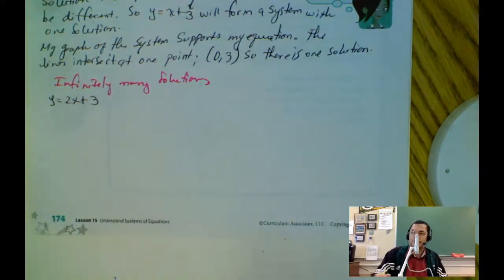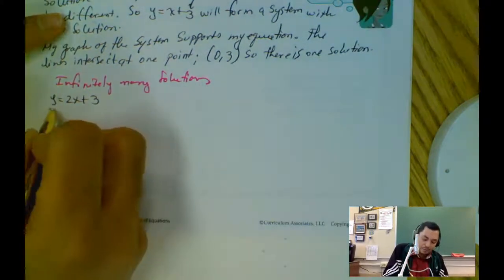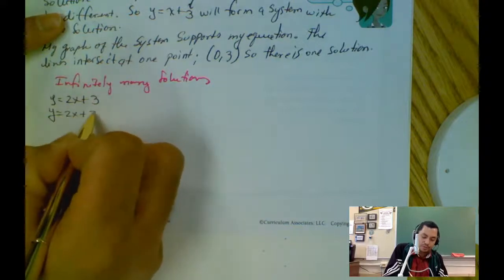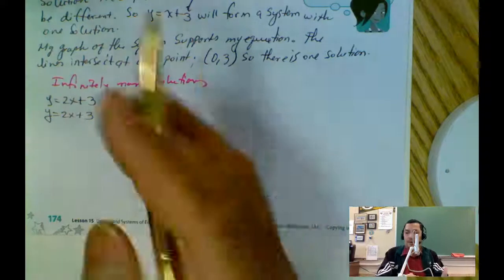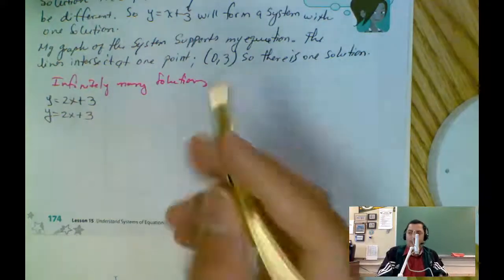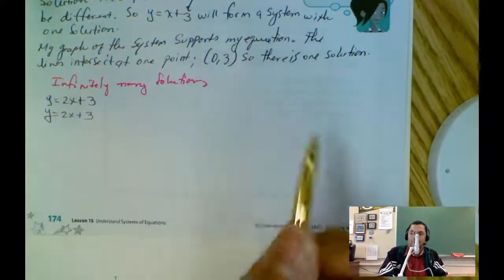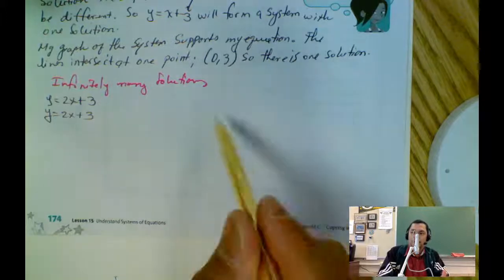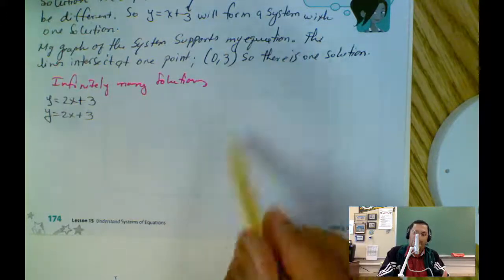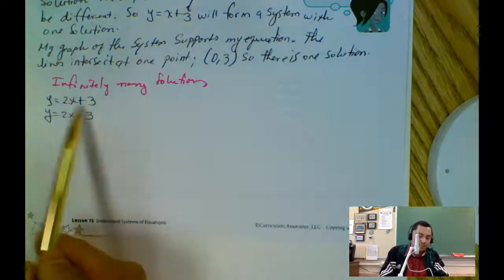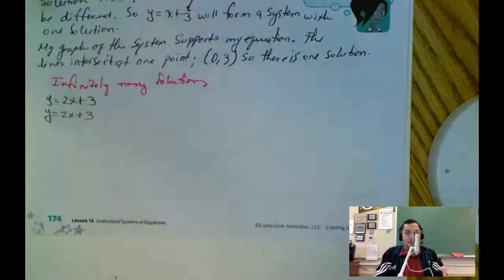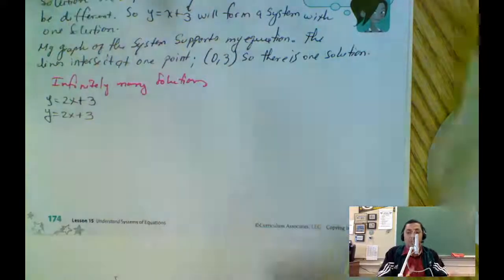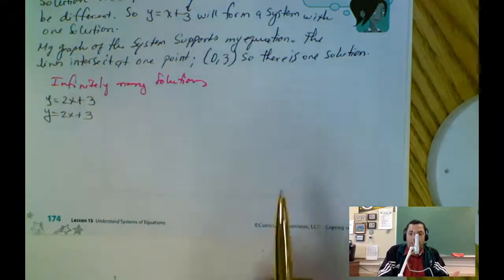So in this case, the other one will be y equals 2x plus 3. You can write your reason here if you want. You can graph it. For example, you can say for the system to have infinitely many solutions, the equations in the system must simplify to be the same equation. So you have to end with 2x plus 3 and 2x plus 3. And then if you graph it, you need to prove that those two are the same. It's going to be the same line.